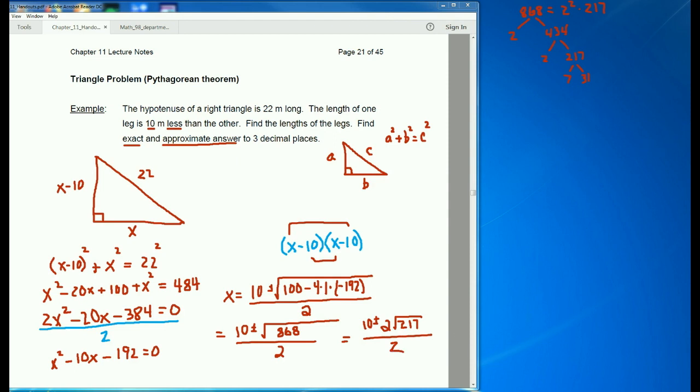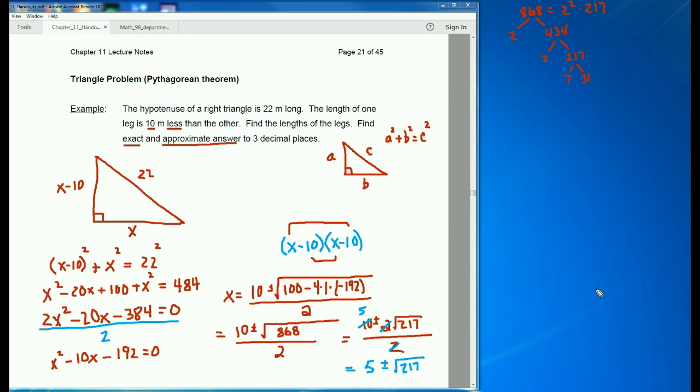And now what you should notice is that you can take a factor of 2 out of both of these terms. In other words, if I do the 10 divided by 2, it's 5. And then the 2 divided by 2 is just 1. Okay? So the bottom line here is we have 5 plus or minus the square root of 217.